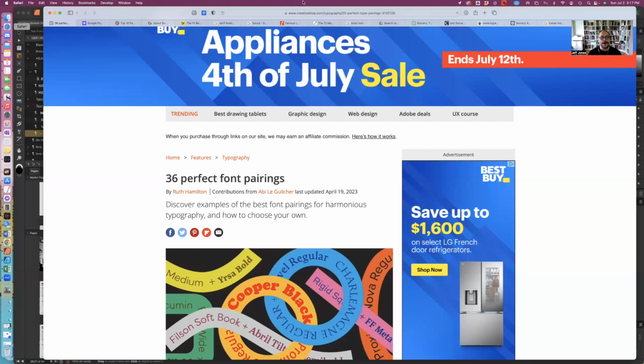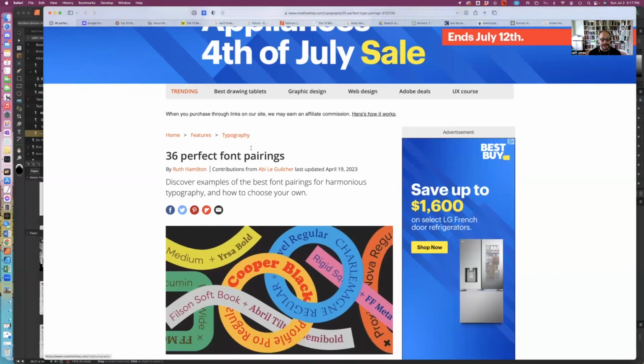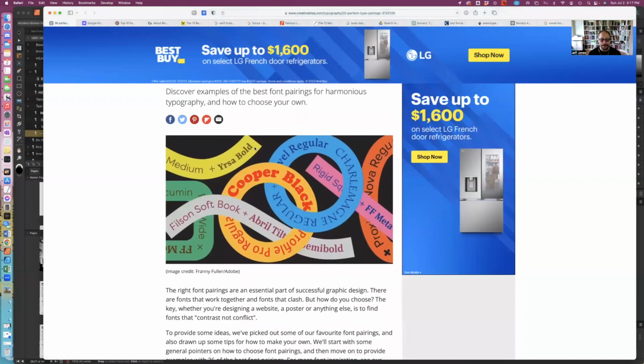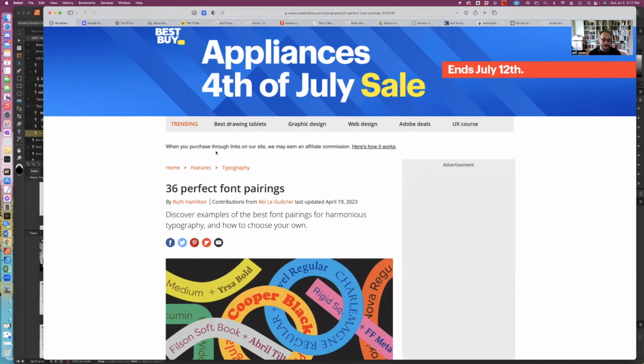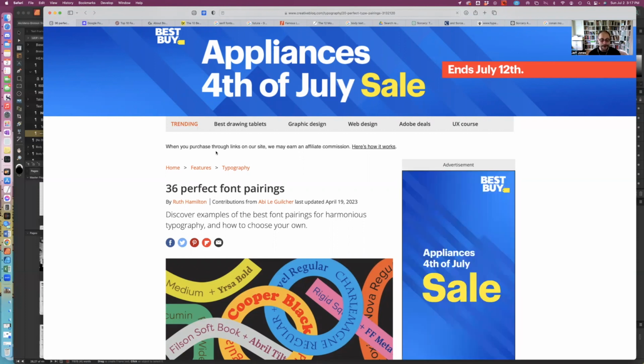There are plenty of guides out there about font pairings, and I'll put some of these links in the show notes. Generally, you may have one font for your title, or maybe one font for your headings, and then another one for your body text.